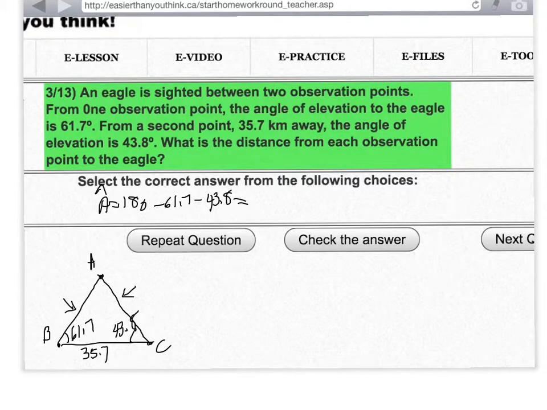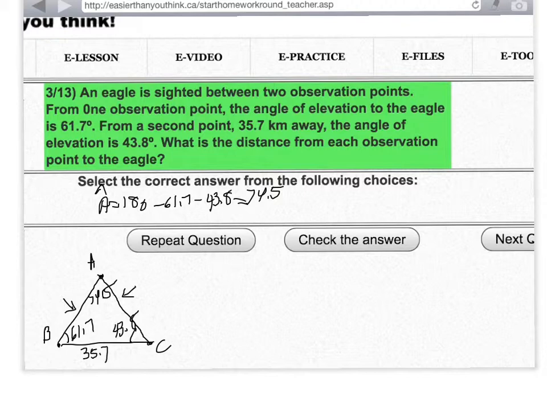And what is the angle A? Can somebody tell me? 74.5. Okay, so this is angle A. Now, looking at the diagram, I have an angle and a side in front of it, so I know that I can use sine law.